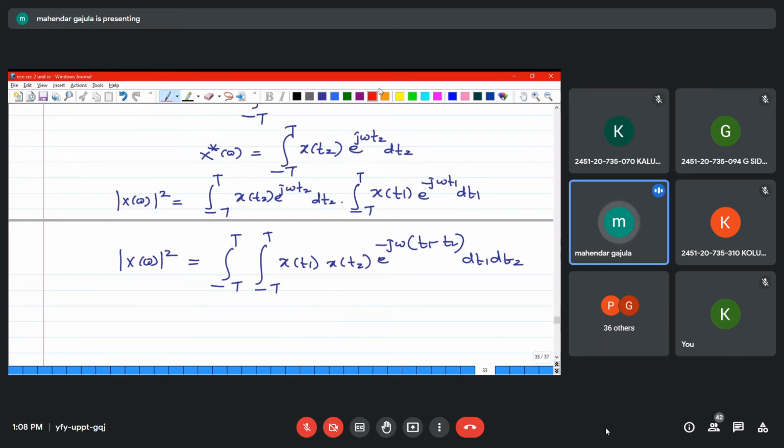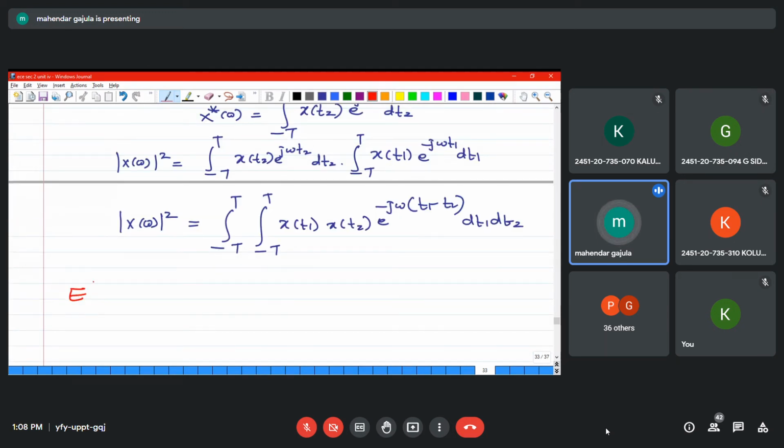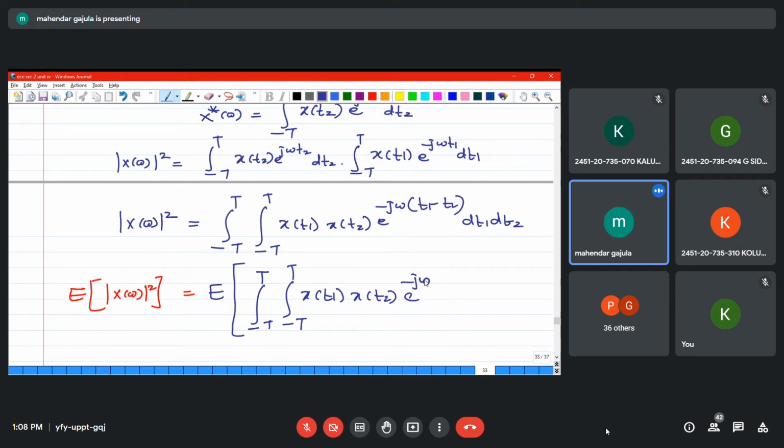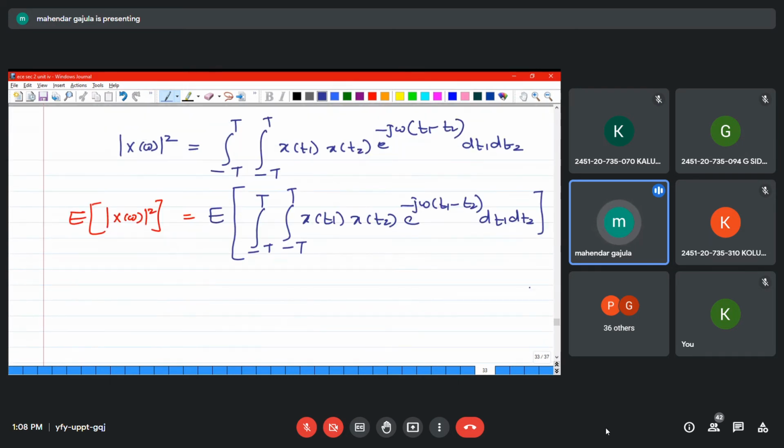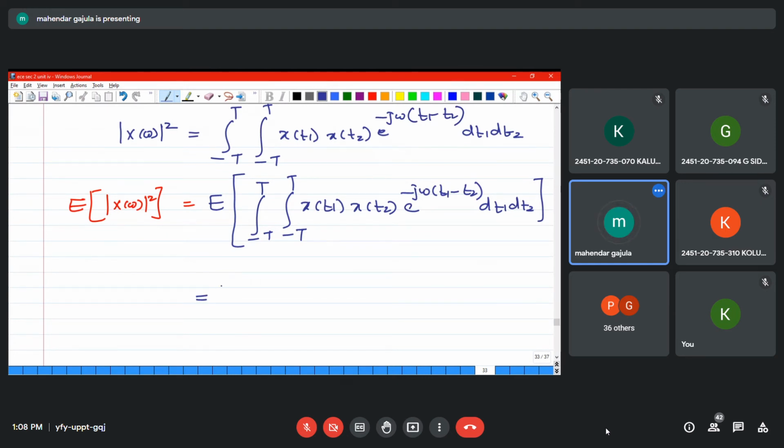Now let us find out expectation of mod X omega square. You have to apply expectation on this total formula: integration from minus T to plus T, integration from minus T to plus T xt1 xt2 e power minus j omega t1 minus t2 dt1 dt2. We know that expectation is applied on random variables. So where are the random variables? xt1 and xt2 are the random variables.